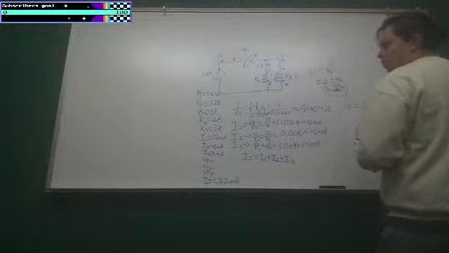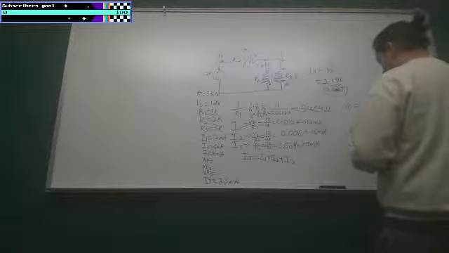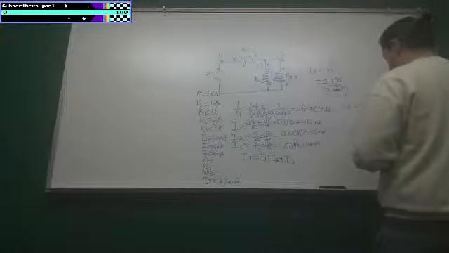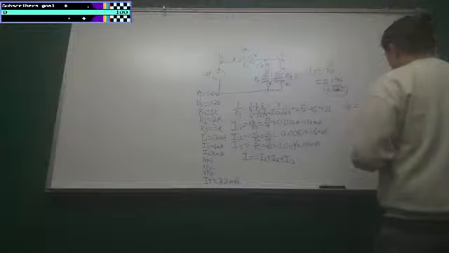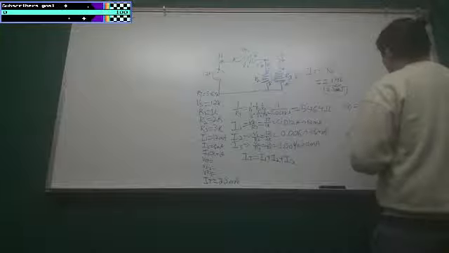So our I1 is 0.012 times 1000, which is just 12 volts.